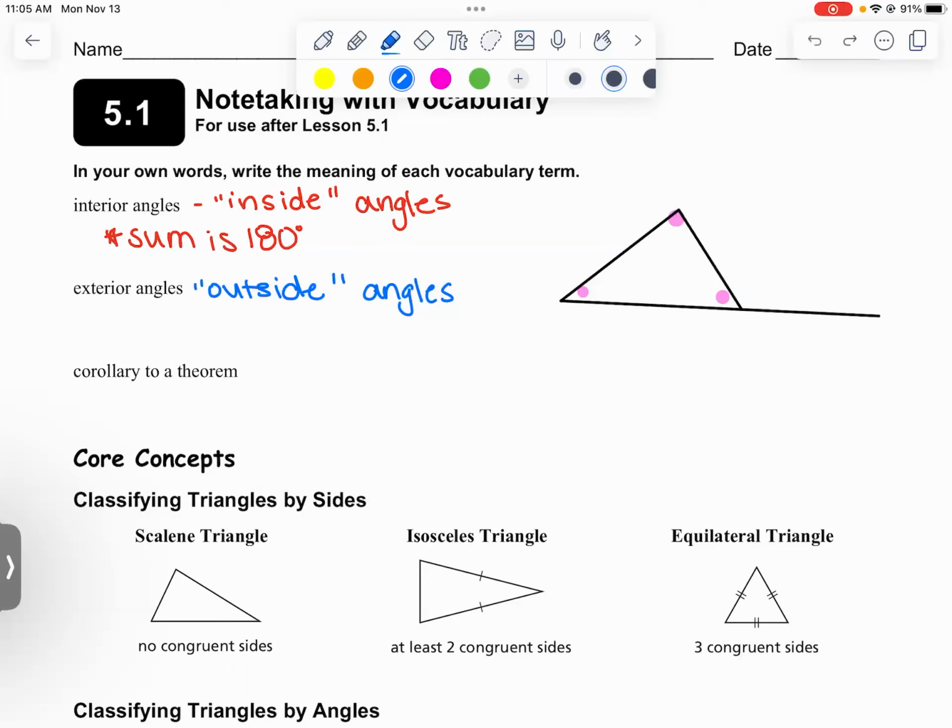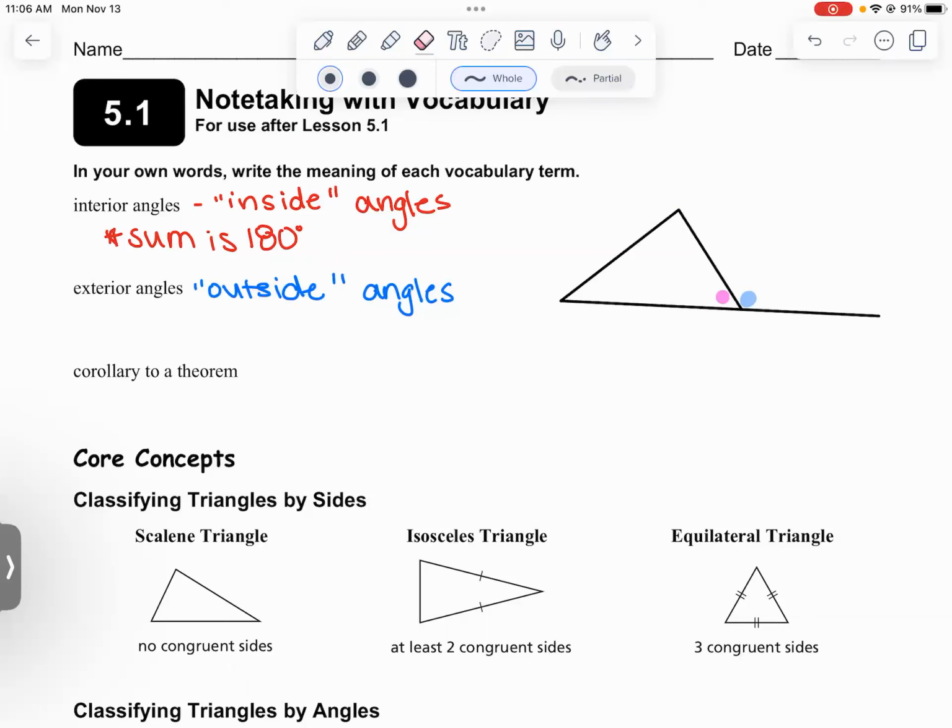Now let's do this first. What is true about this pink and this blue angle specifically? They are adjacent. What else? They add up to 180. They're supplementary, which means they're a linear pair.